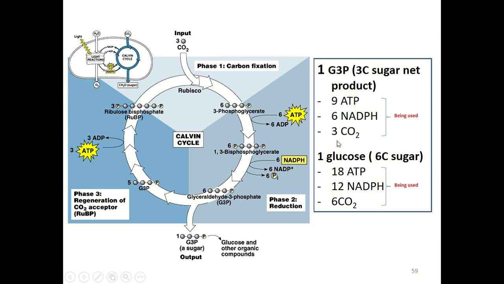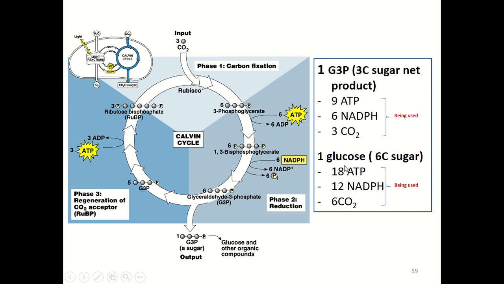And also in one Calvin cycle process to produce 1 molecule of G3P, 3 molecules of carbon dioxide as an input are used, thus producing 1 molecule of G3P sugar or glyceraldehyde 3-phosphate.